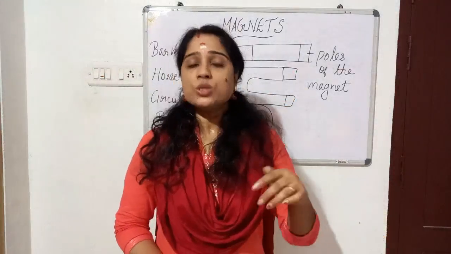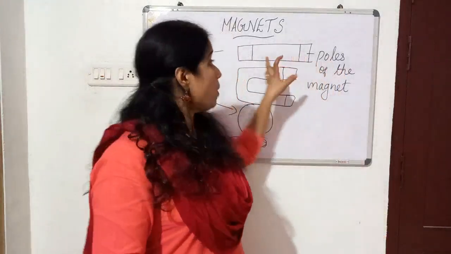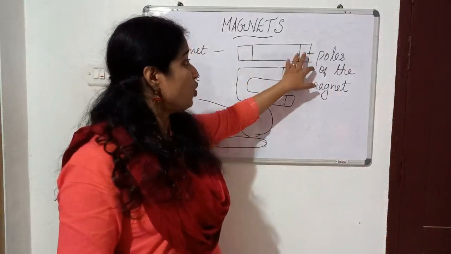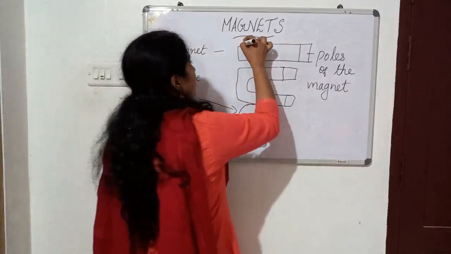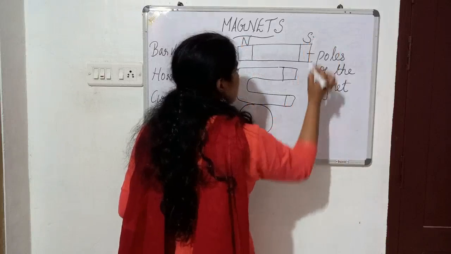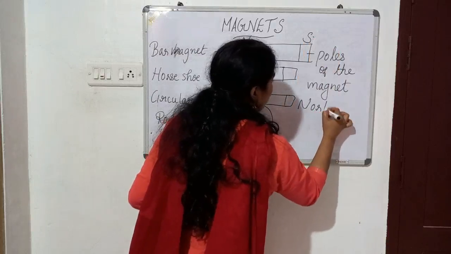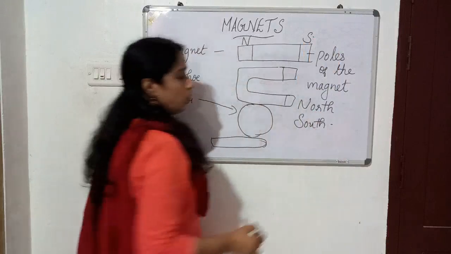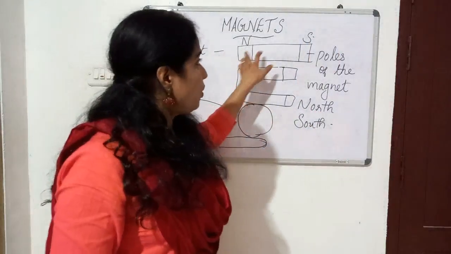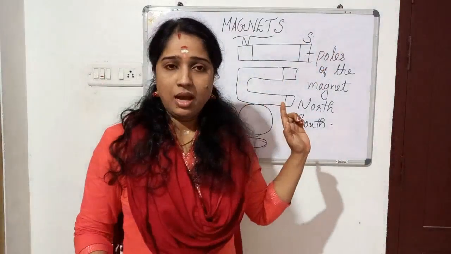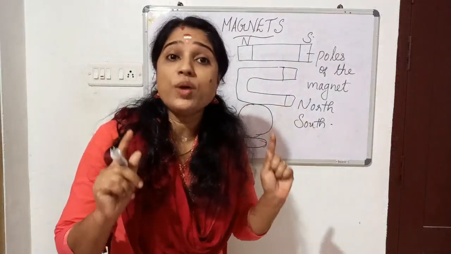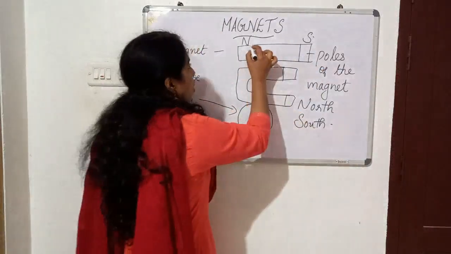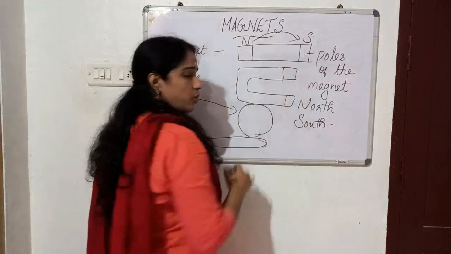Clear? Okay. So when we observe the magnet, as I told you, it has got two poles, north pole and the south pole. Hope you all know it. North pole and the south pole. And the magnetic power always travels from north pole to south pole.